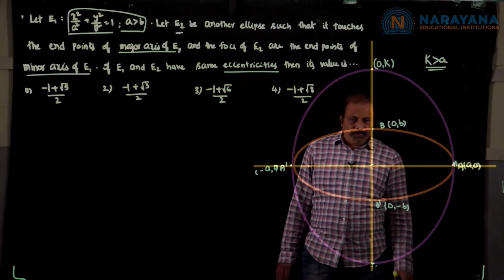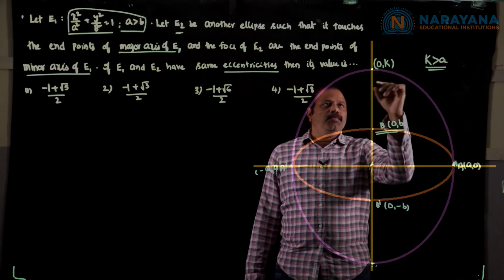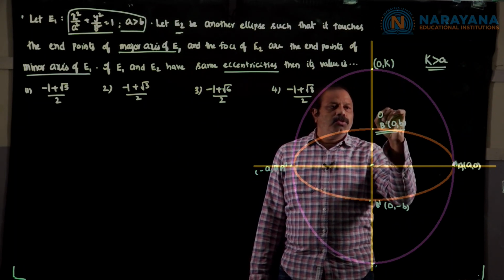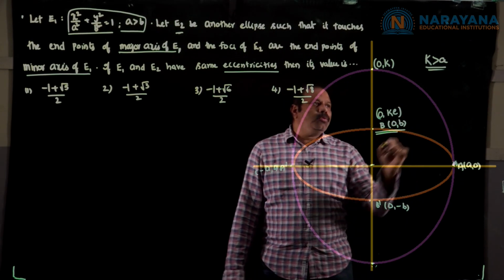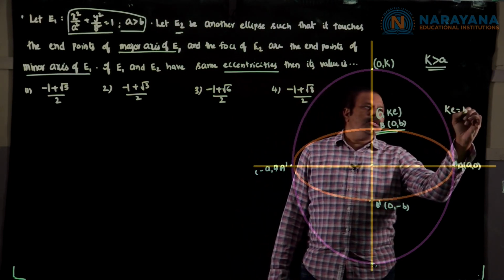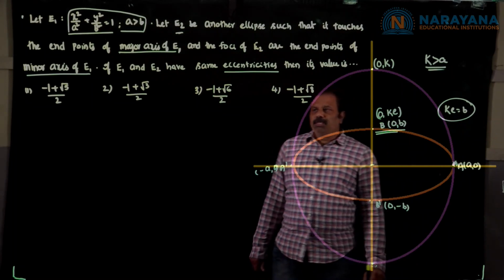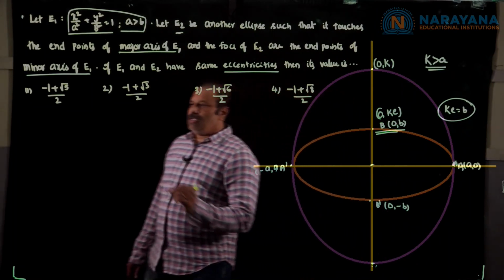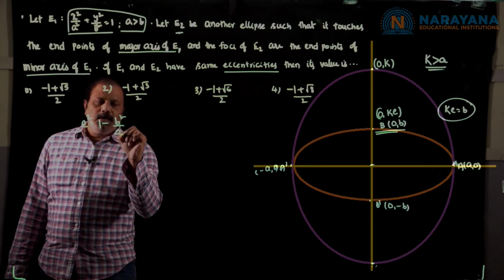With respect to this ellipse, this point is nothing but 0 comma ke. So no doubt ke is equal to b. This is one piece of information. What is the eccentricity formula? e squared is equal to, for the first ellipse, 1 minus b squared by a squared.